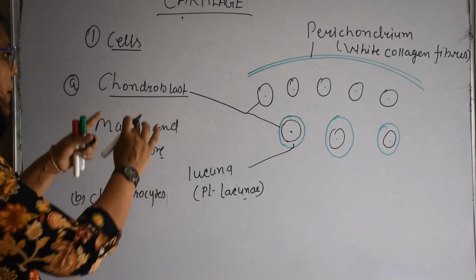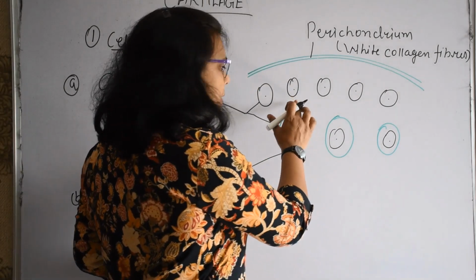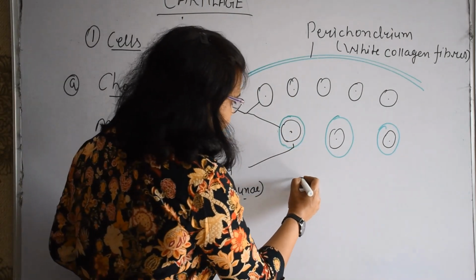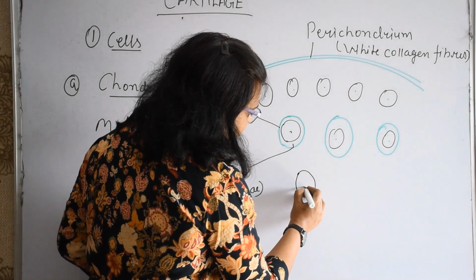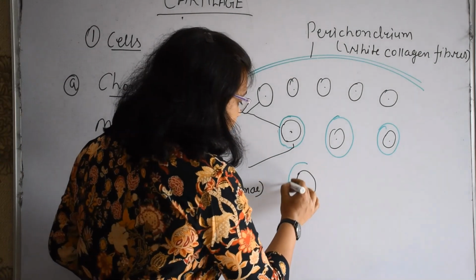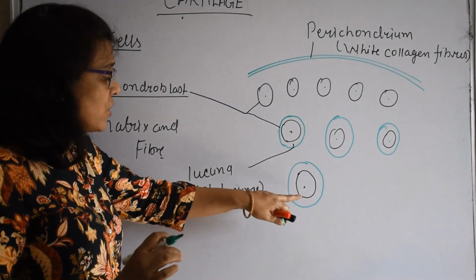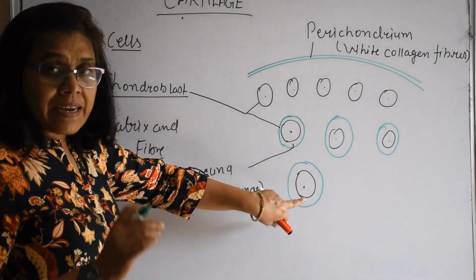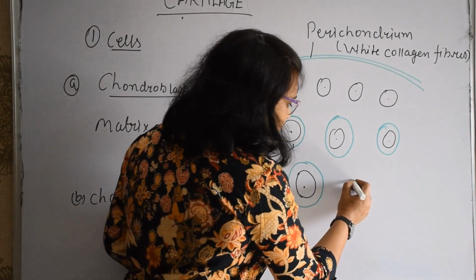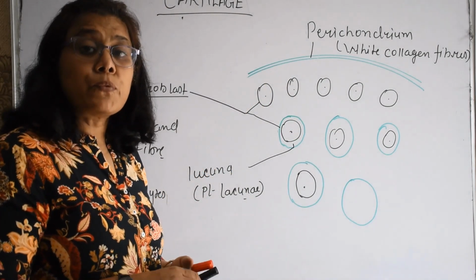Chondrocyte cells are mature chondroblasts, and they are larger than the chondroblast cells. So they become larger and are trapped in the fluid filled space, that is lacuna. In the growing cartilage, these chondrocytes divide, and due to this division they occur in groups of 2 or 4.